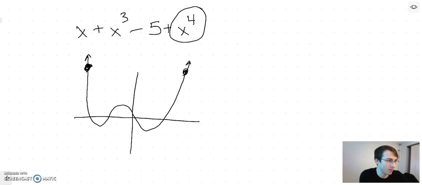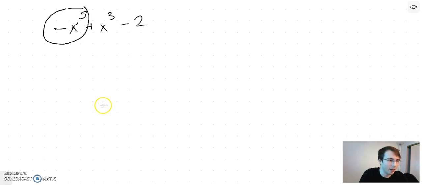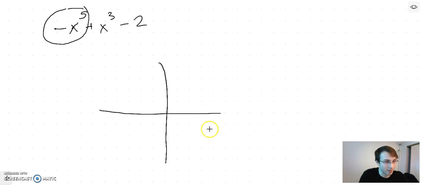Two more tricky ones. Suppose we have something like negative x to the 5th plus x to the 3rd minus 2. How do we draw that? Well, we look at the x to the 5th term because that's the biggest one, and this time when we plug in positive 10, we get a really big number, but it's negative because there's a negative in front of it, so now it looks like here.